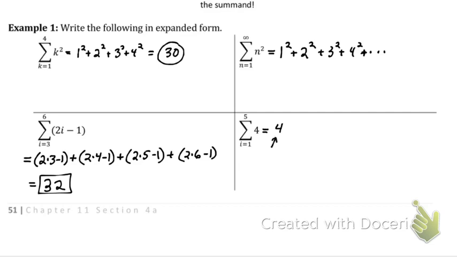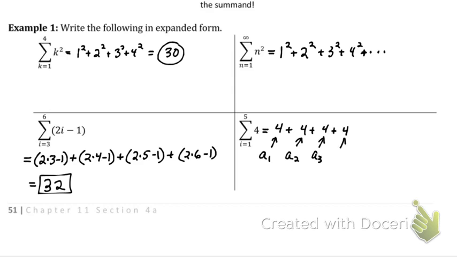When I'm looking at my first term, let's call it a sub 1, and I plug a 1 in here, there's no place to plug it in, so it doesn't change the 4. It just comes out as 4. When I plug in 2, I get out 4. Third term, 4.